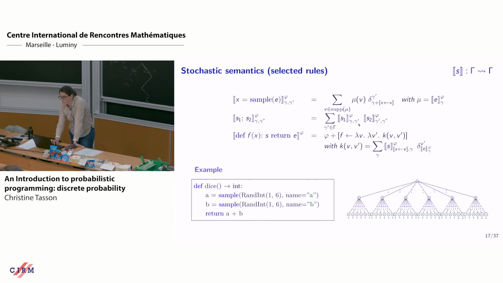I will sum over all the potential updated environments after S1, and multiply the probabilities that S1 starting from gamma will produce gamma prime with the probabilities that S2 starting from gamma prime will produce gamma second, and I will get the probabilities that the sequence starting from gamma goes to gamma second. And I can also associate to any declaration a function that computes the probability distribution associated to the body of the function. Okay, so that was for the theory.